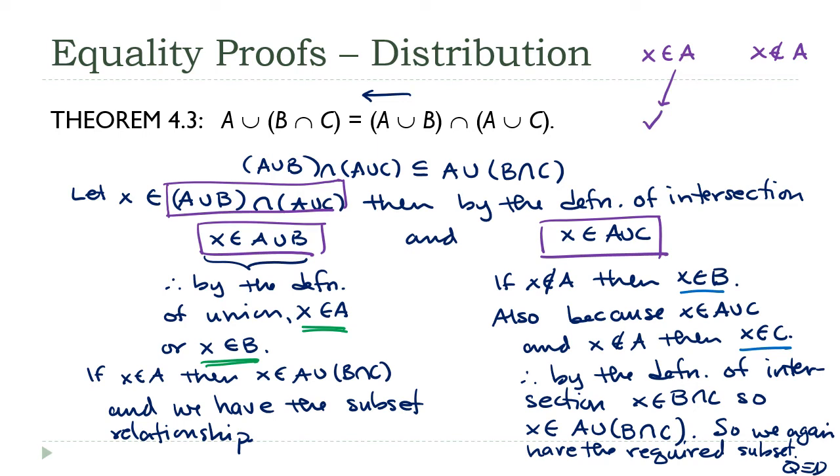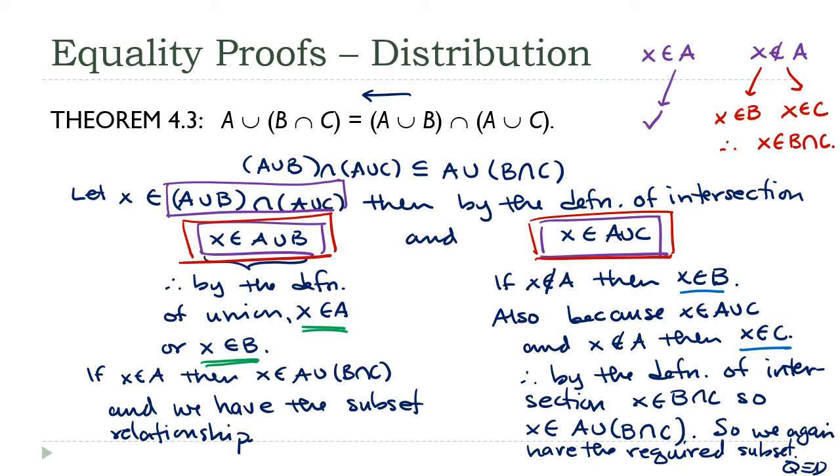If X was not an element of A, then this forced X to be an element of B, and this forced X to be an element of C. Therefore, X must be in the intersection of B and C. And if X was in the intersection of B and C, then it had to be in that union. It's very high level. That's what we showed.